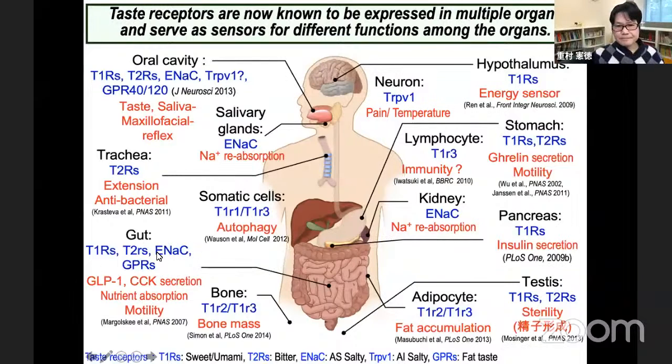Gut is very similar to the oral taste bud, expressing almost all taste receptors and regulating hormone secretion and nutrient reabsorption. Testes also express the T1R or T2R, sweet, umami or bitter taste receptors, which affect sterility.